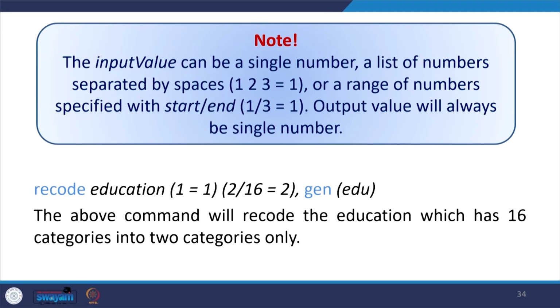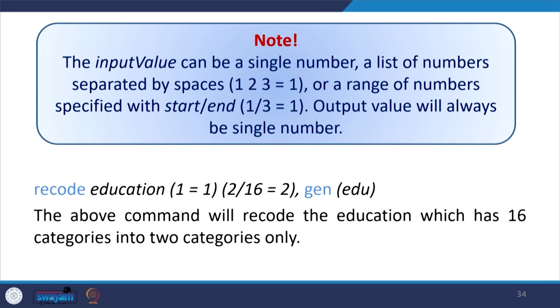And maybe 4, 5, 6 to 2, or maybe 7, 8, 9, 10 and onwards everything to be 4, like standard years of education. You want to keep it till 5 years as primary, and upper primary from 6 to 10, suppose. So from 1 till 5 you want to keep the code as 1, and that is going to recode it with 1.